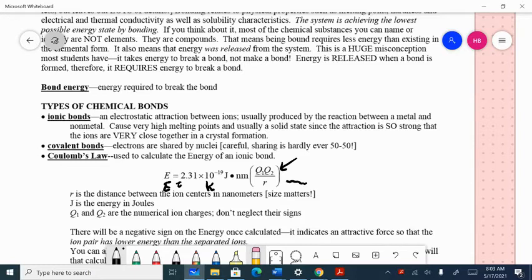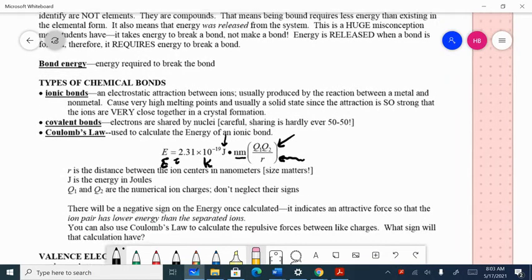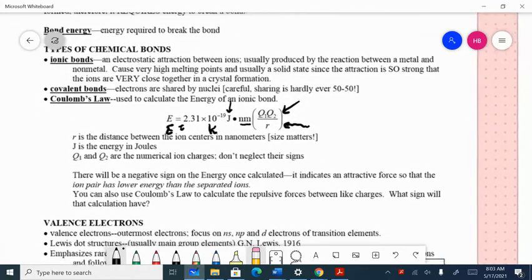And this is the radius, which is the distance between the ion centers in nanometers. So if you notice, energy is going to be measured in joules. Nanometers here will cancel with nanometers there. And Q are the ion charges.